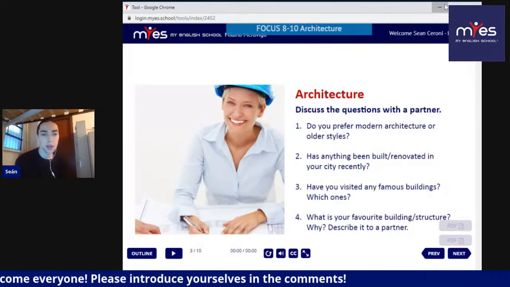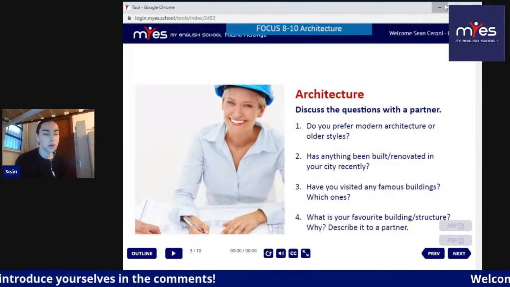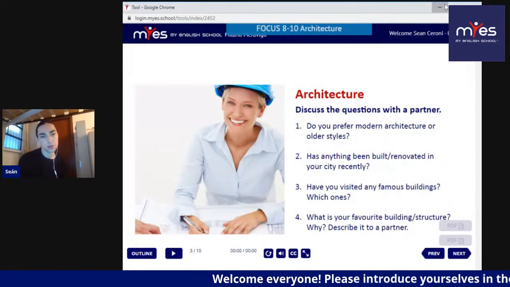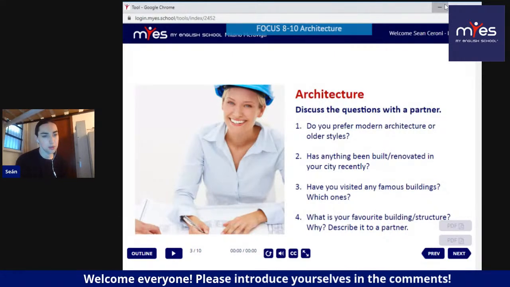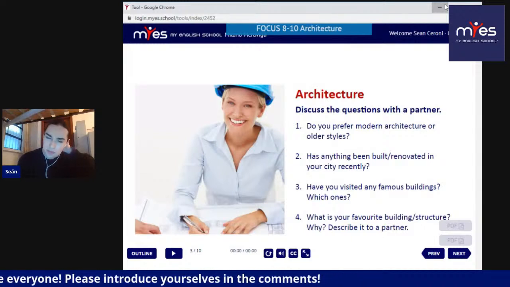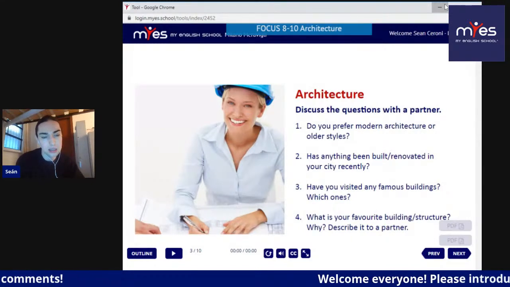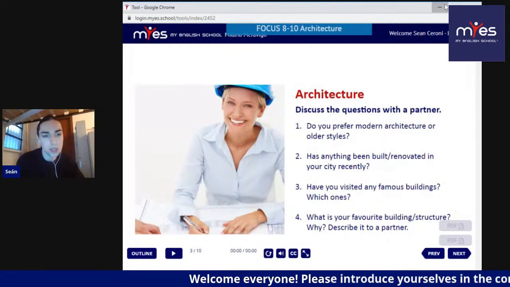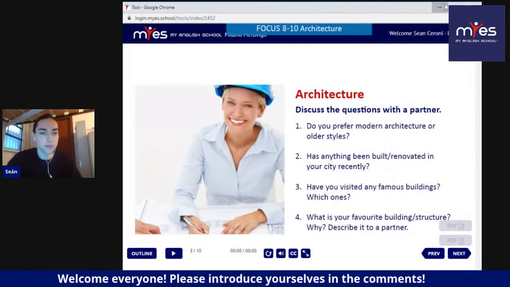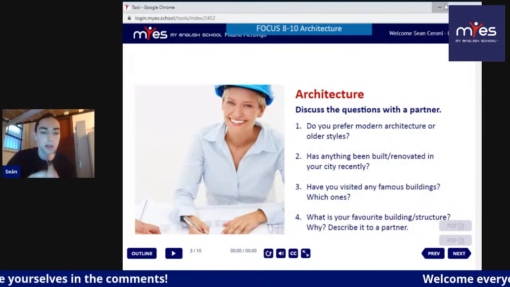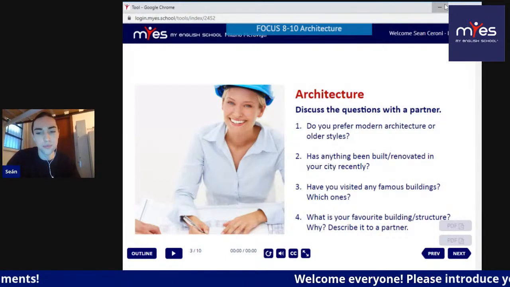There's been many big programs to rebuild sections of the city, to modernize the city, because for very many years there wasn't any building in the city, and a lot of the areas were run down. This is a good way to describe run down: in a bad condition.